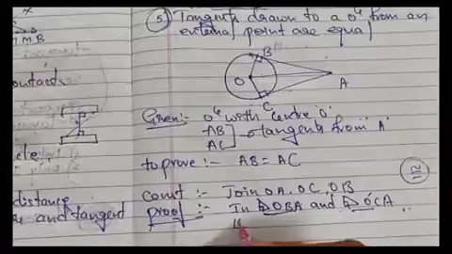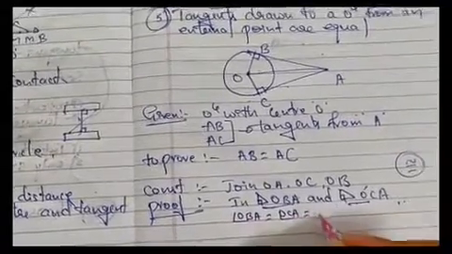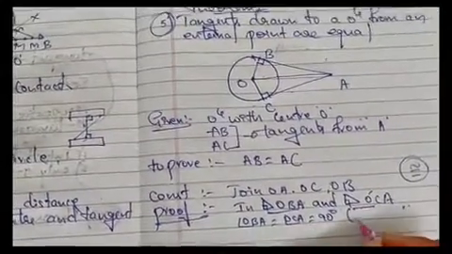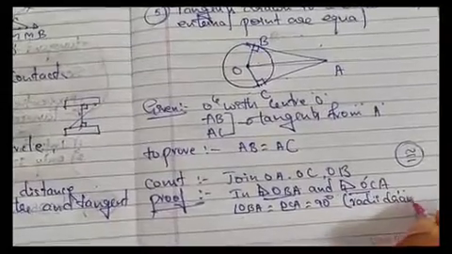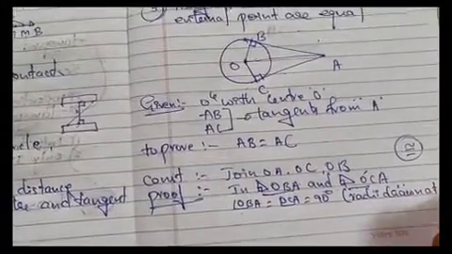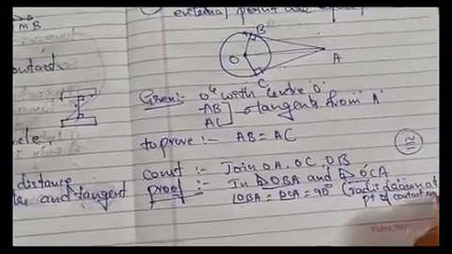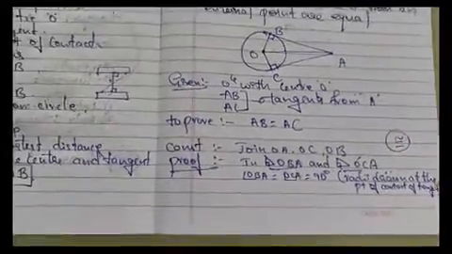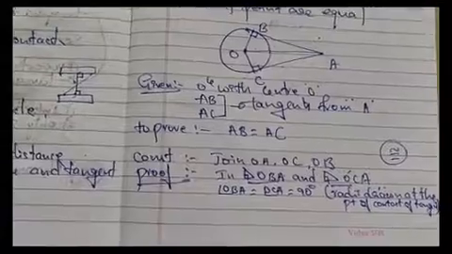In the right angle triangles, angle OBA is equal to angle OCA, both are equal to 90 degrees. How? Because radii drawn at the point of contact of a tangent are perpendicular. It is very important to give reasons. Without reasons, we will not accept any mathematical statements.